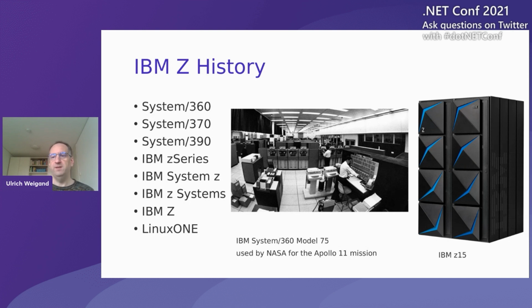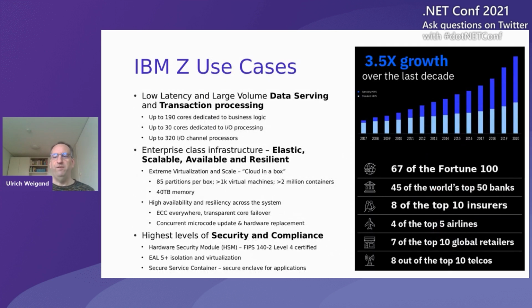Well, if you ever did a credit card transaction, or if you ever booked a flight, or most likely if you made a bank transaction, then at some point that transaction will more likely than not have been processed by one of those IBM Z machines. In fact, if you look here at the right-hand side, most of the world's top banks, insurers, airlines actually use IBM Z to do their transaction processing.